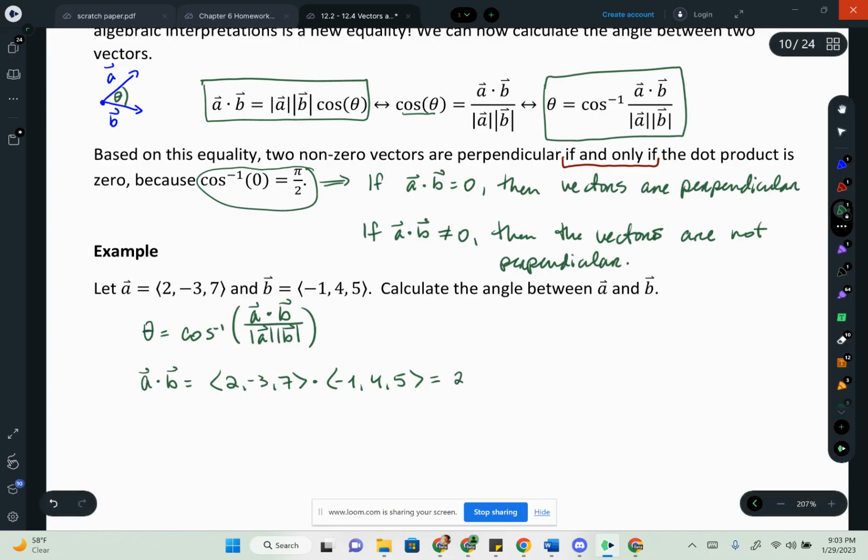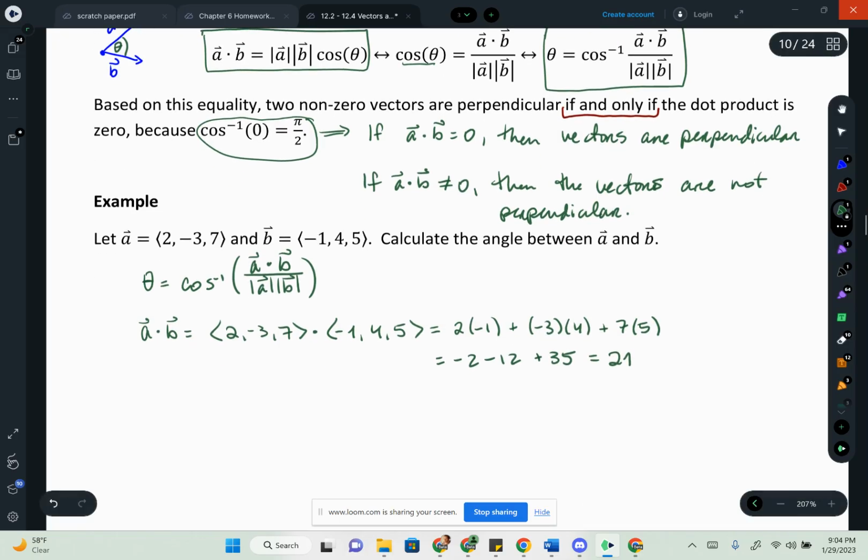So I'll get 2 times -1, those are the first components, plus the product of the second components, -3 times 4, plus the product of the third components, 7 times 5. This gives me -2 minus 12 plus 35, so it's 35 minus 14, which is equal to 21.